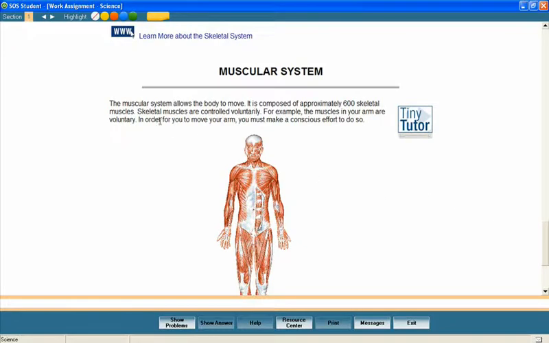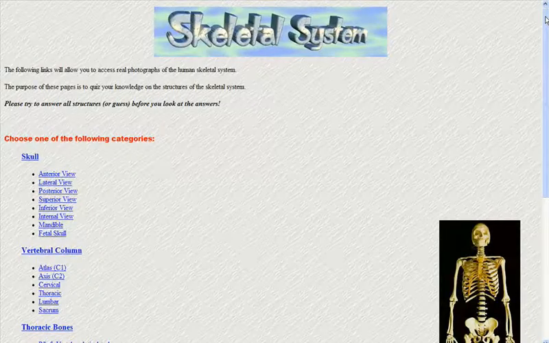The Internet can be a powerful tool for students. Optional web-enabled links allow students and parents to safely use the Internet to locate carefully chosen supplements to course content. This web link provides further information about the human skeletal system.